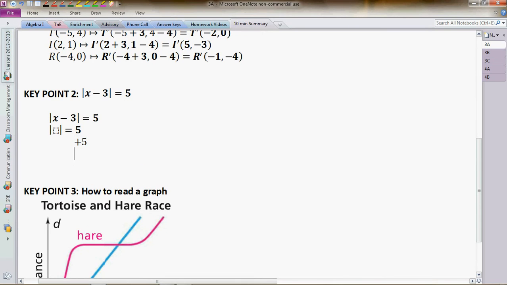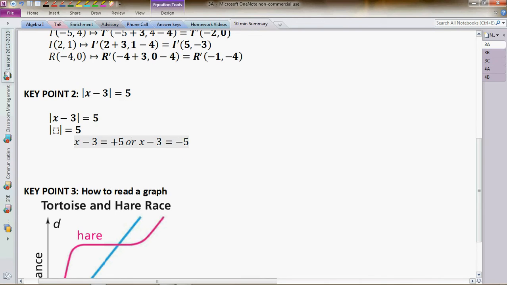Whatever we put inside the absolute value sign has to be equal to x minus 3, because that's the original problem. So x minus 3 has to be equal to positive 5 or negative 5.